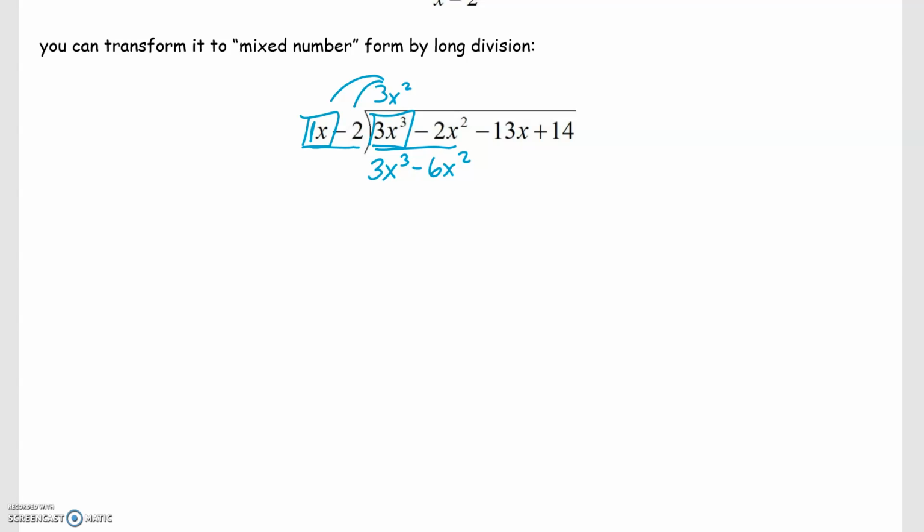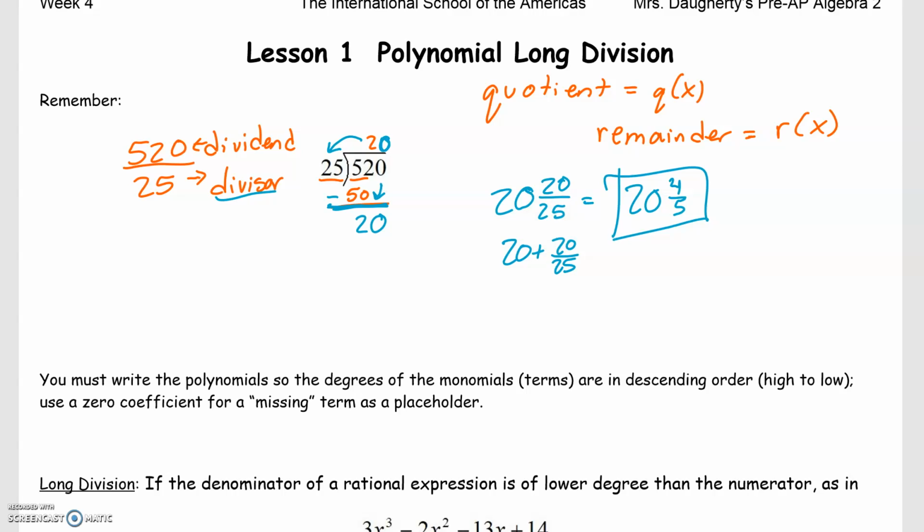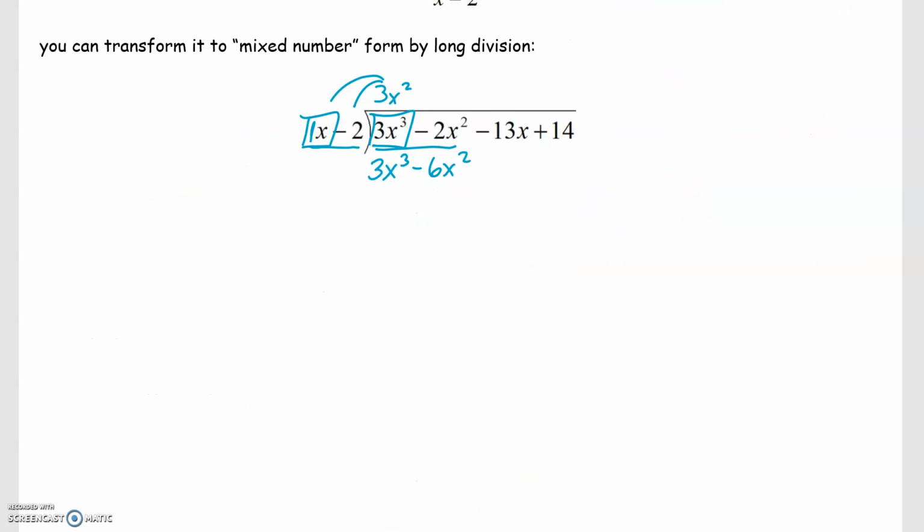Alright, now this is the step that a lot of people get tripped up on. I want you to think about what we did up here. We needed to subtract the 50 from 52 in order to see what was remaining. And that's exactly what we're doing here. We're going to subtract 3x cubed minus 6x squared from this entire polynomial in order to continue to divide.